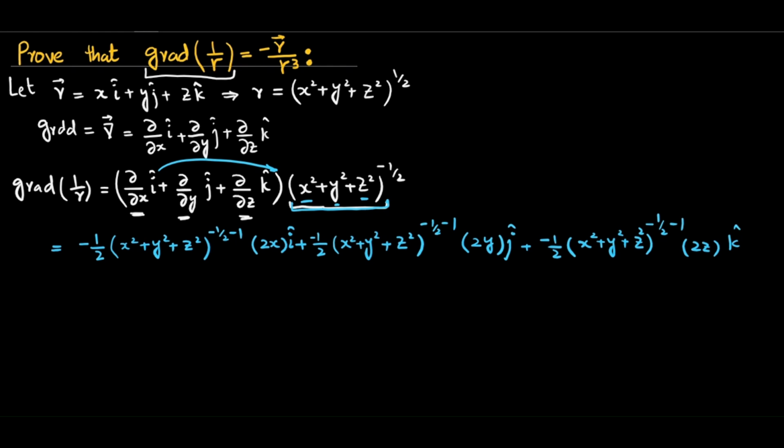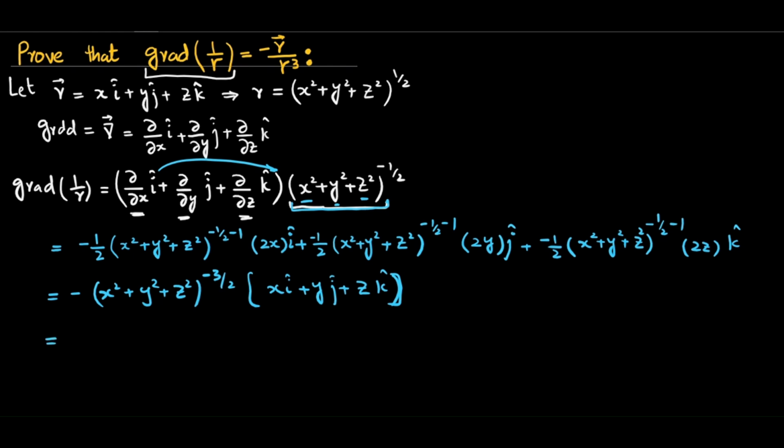This 2 and 2y, 2 and 2x, 2 and 2z will be cancelled out, and the minus and (x square plus y square plus z square) whole power minus 3 by 2 will be common, and we will get here xi plus yj plus zk.